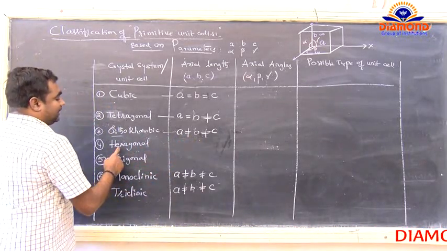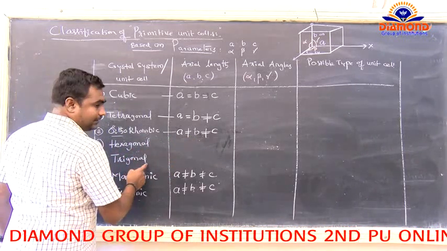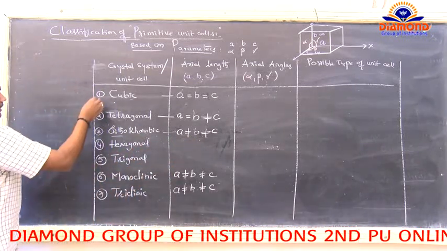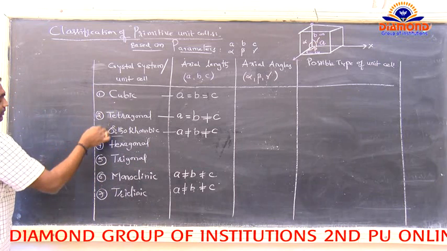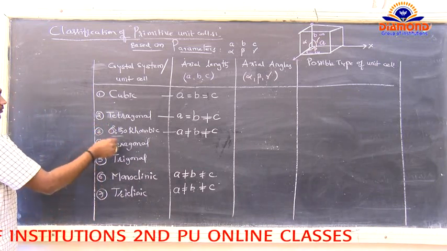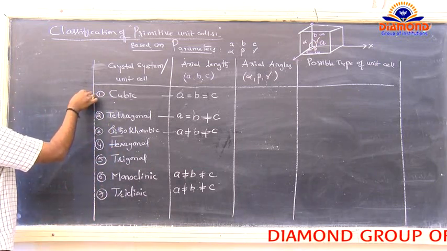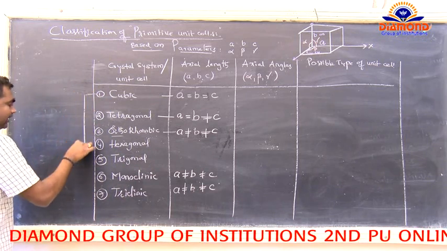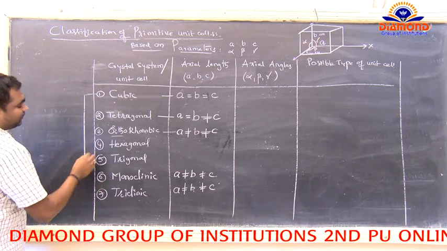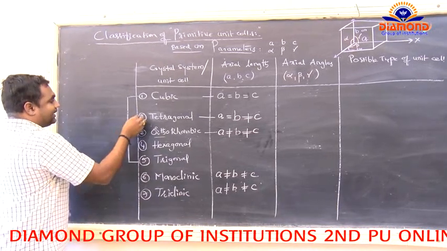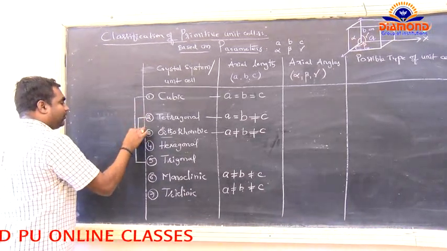Now come to the hexagonal and trigonal. Here we already got the numbers 1, 2, 3 up to 7. The 1 is similar to that of the 7, and also similar to that of the 5. And the 2 is similar to that of the 4.